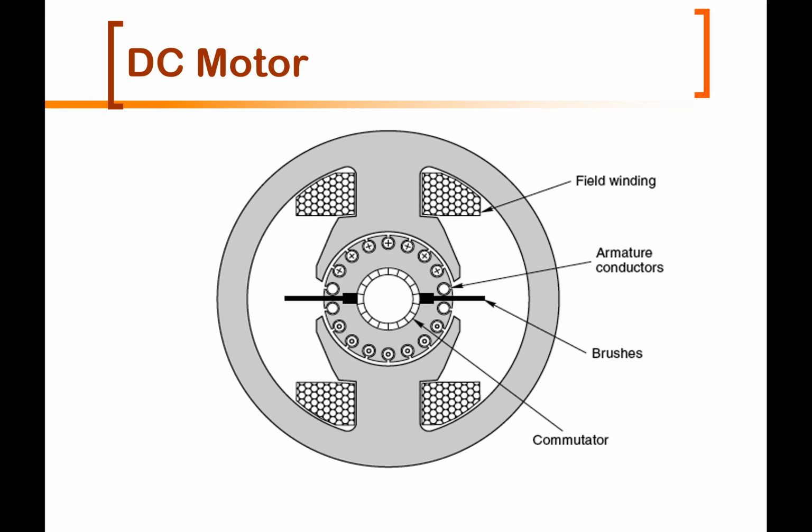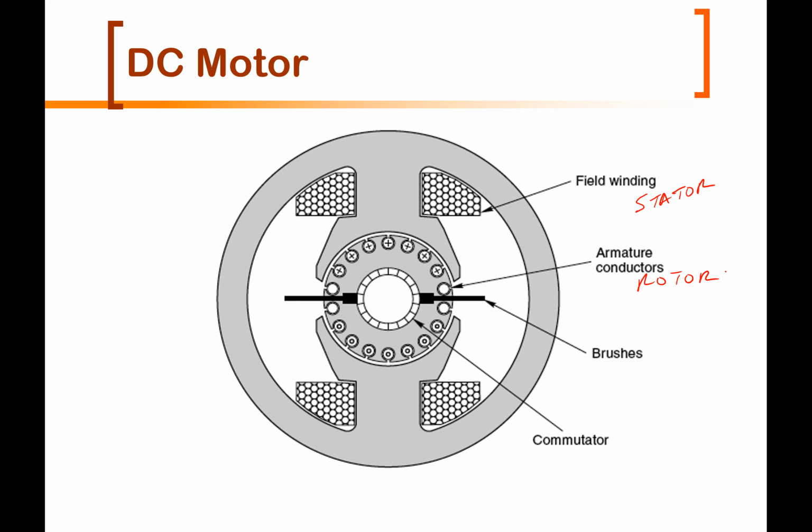For the DC motor, we have the stator on the outside, and the rotor is this part on the inside. The field winding in this case goes on the stator, while the armature windings go on the rotor.